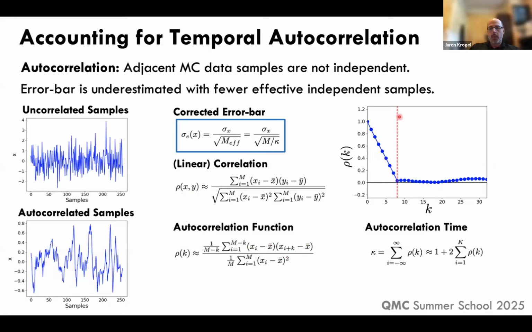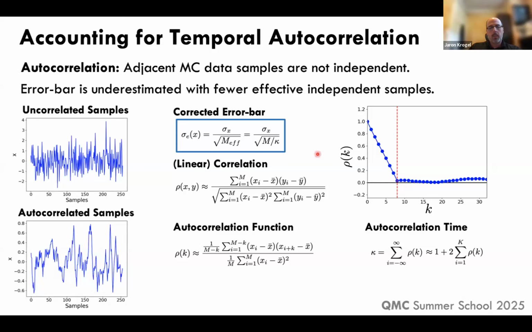From this, you can estimate the autocorrelation time for this time series would be about here, or about a length of 8 samples. And that will increase your error bar appropriately to account for the true statistical fluctuation of the mean. And this must be accounted for in all Monte Carlo data. And it's particularly important in diffusion Monte Carlo.